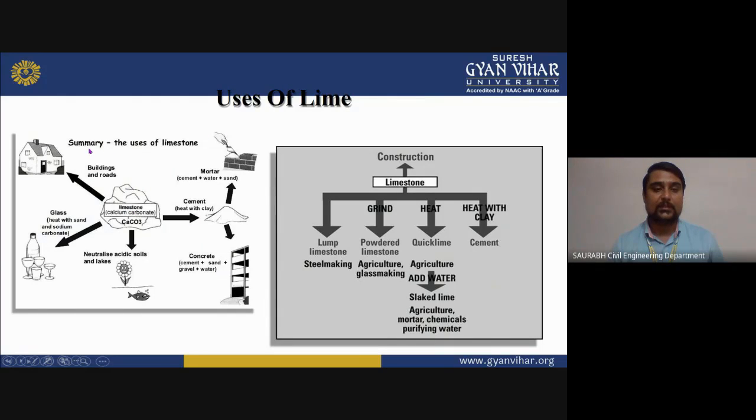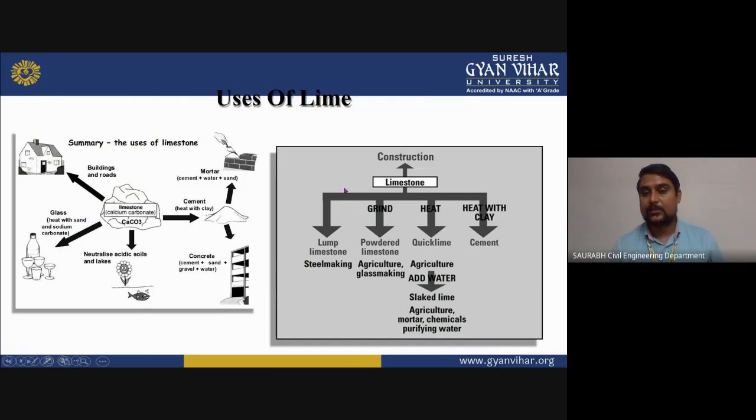And here you can see the summary of the uses of limestone. It can be used for building and roads, and may be used for the preparation of glasses and carbonates. This is also a very eco-friendly material.